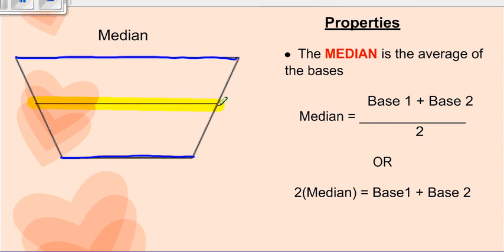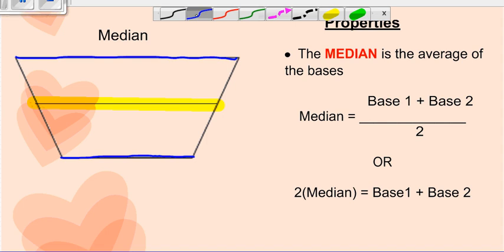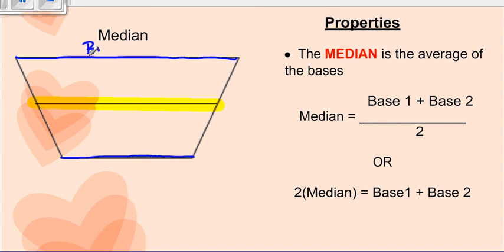And we're going to find that median there by taking and adding together our base 1 and our base 2 and dividing it by 2. Okay? Because again, we're taking that average, the middle. That's again if we're looking for the median.